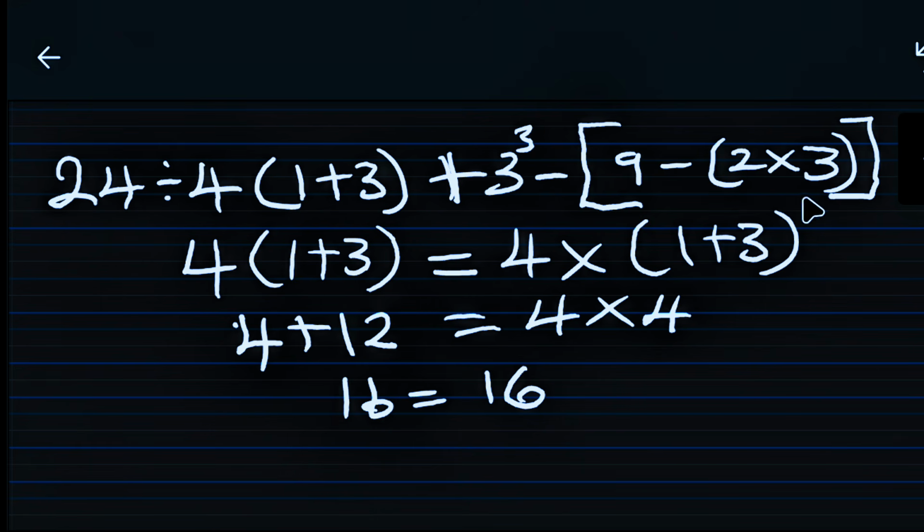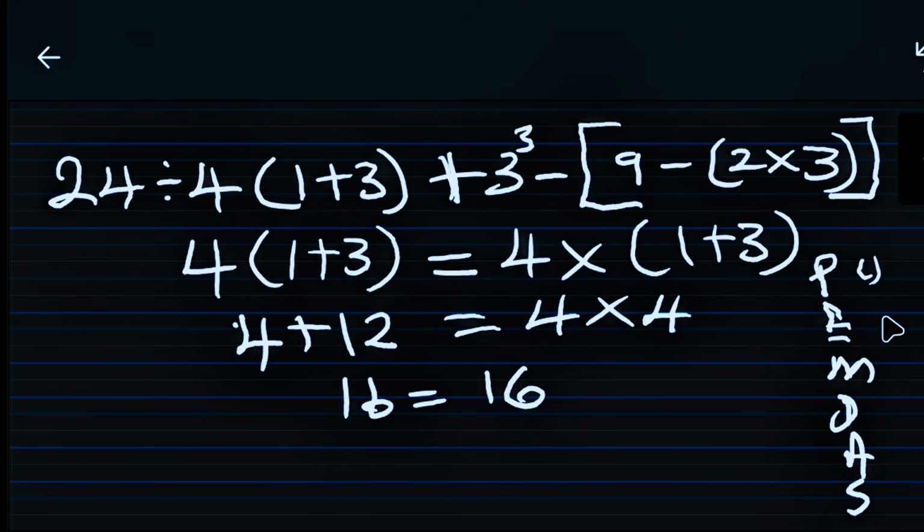Now before we solve that, we have to write down the order of operation, which is PEMDAS. P, E, M, D, A, S, okay? Where P means parentheses, E is exponent, M is multiplication, D is division, A is addition, and S is subtraction, okay? Now from here, P is parentheses, so let's attend to this parentheses here.